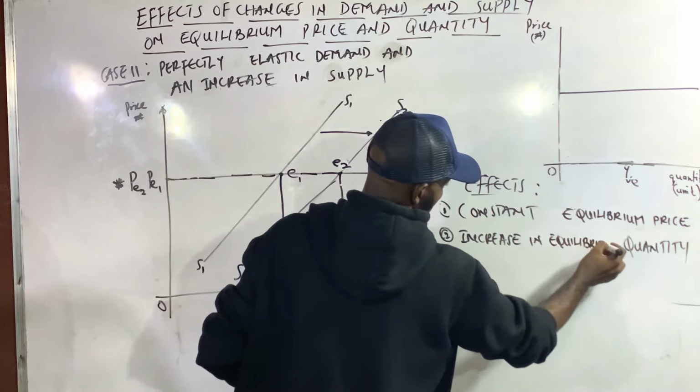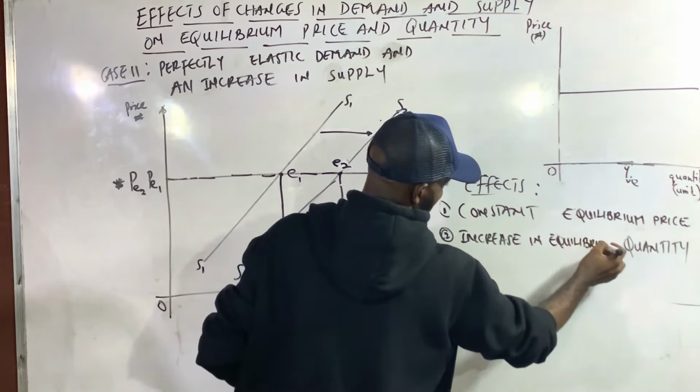And once you take that, you're good to go. That leads us to case number 12. For case number 12, what we need to adjust is just increase to decrease for the supply. So perfectly elastic demand and a decrease in supply.